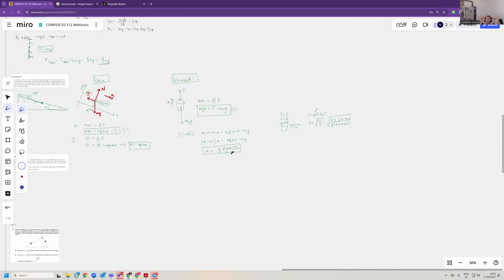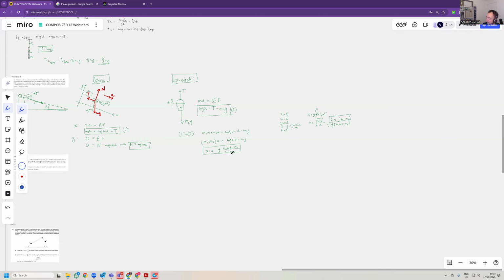So at both ends of the rope, the tensions are the same. A pulley that is massless and frictionless means that the tension on either side of the pulley is the same.